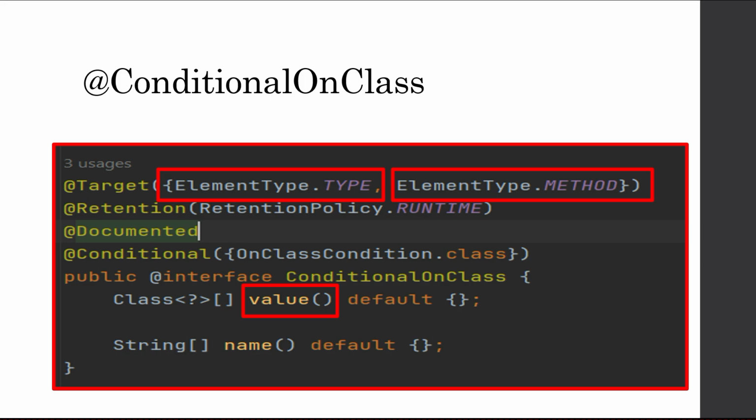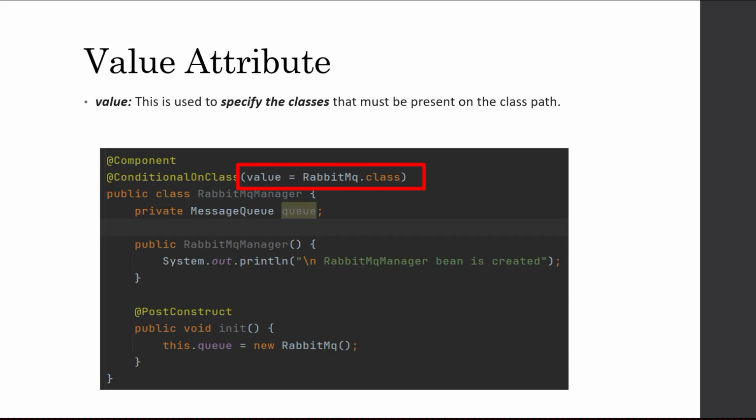Using the value attribute, we can specify a class. Based on the presence of this class, it would be decided whether the bean should be created or not. In the name attribute, we provide the fully qualified name of the class. Let us see how to use the value attribute of @ConditionalOnClass.